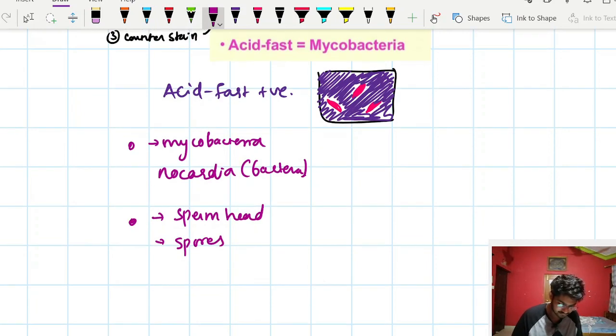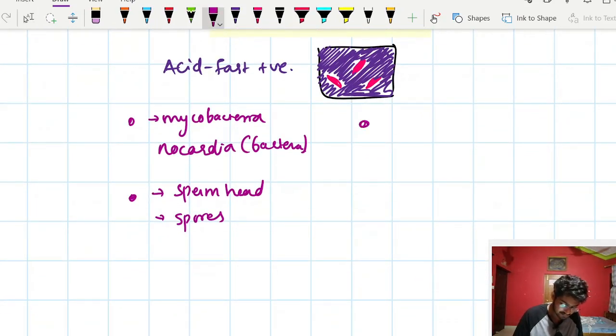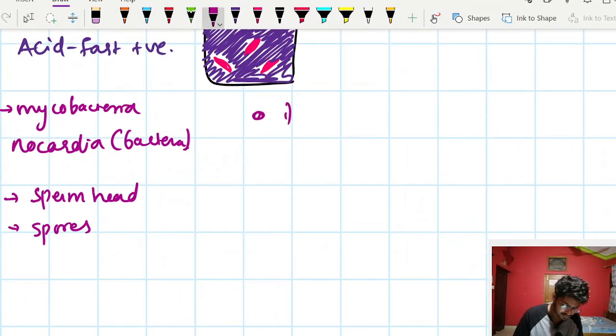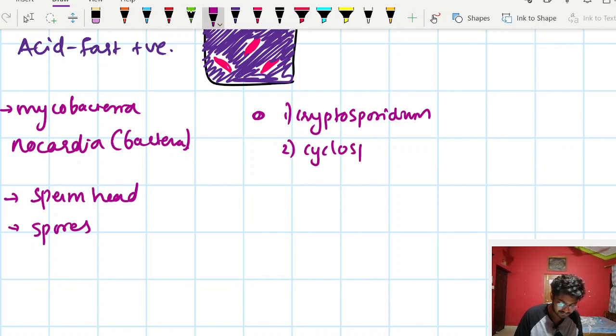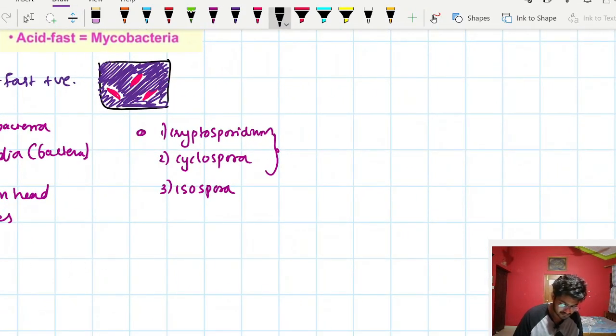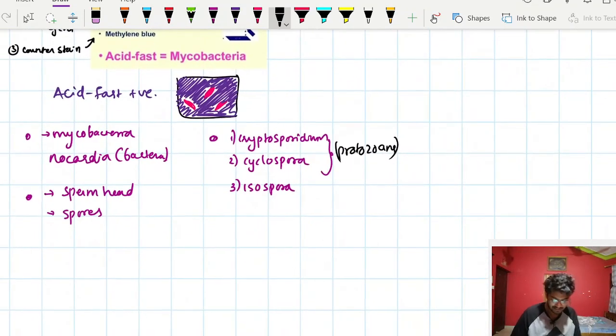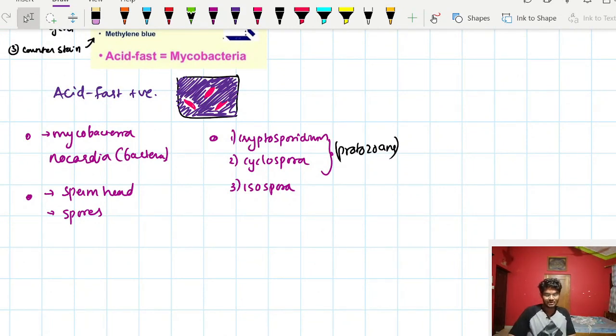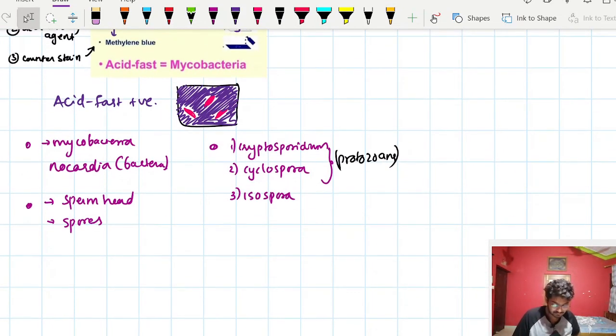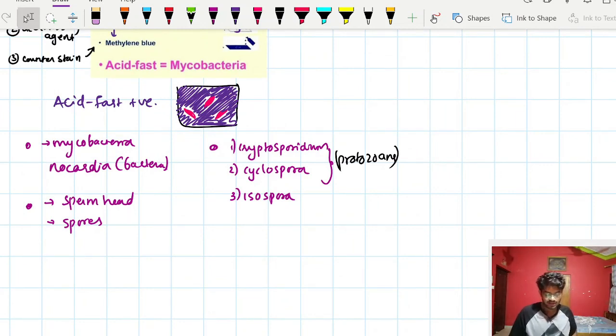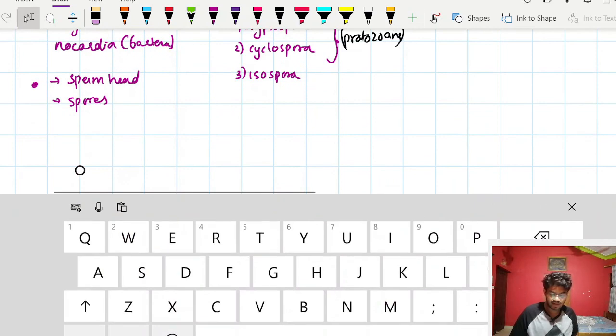Then there are protozoans: cryptosporidium, cyclospora, isospora. So nocardia, mycobacteria, sperm heads and spores, and cryptosporidium, cyclospora, isospora. These are the structures that give us acid fast positive.